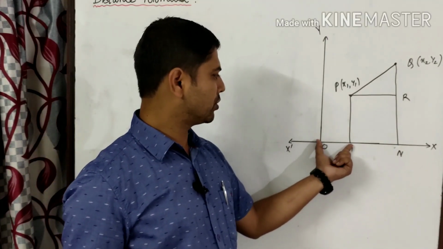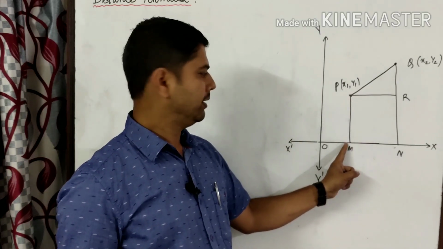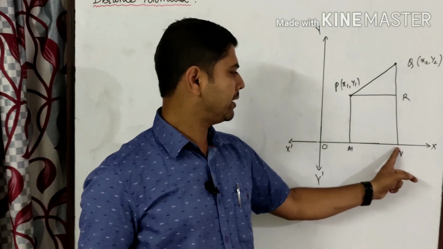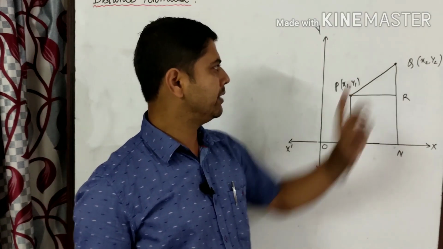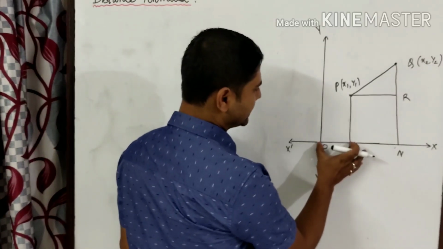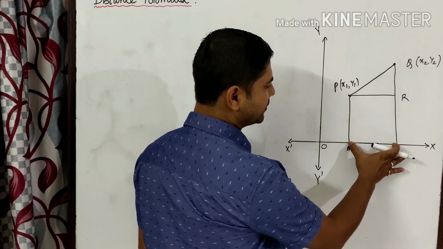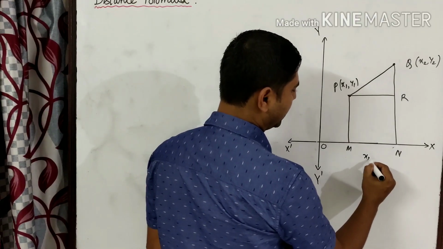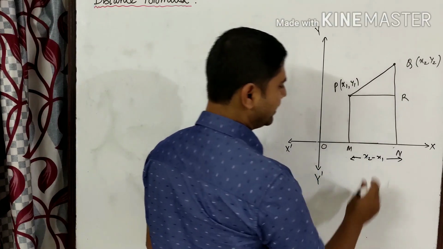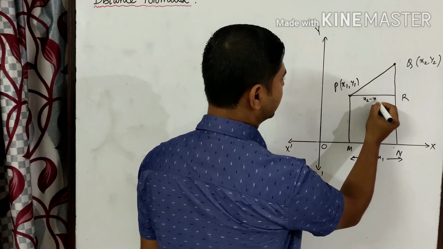The length of this portion OM is equal to x1, this portion is y1, and for point Q, ON is x2 and the distance is y2. Then the length of this portion is x2 minus x1.